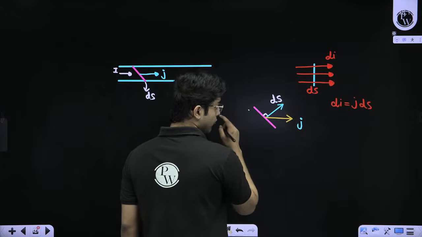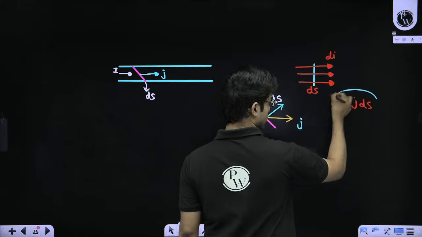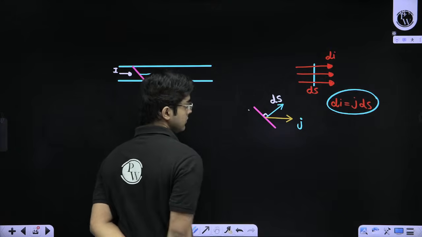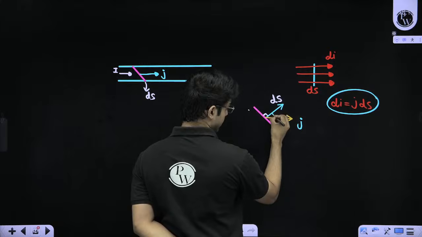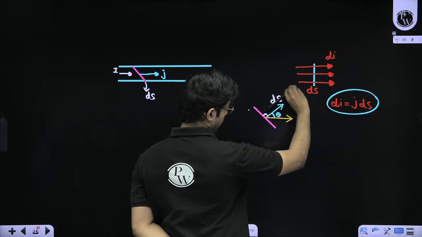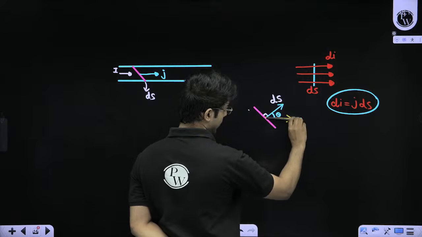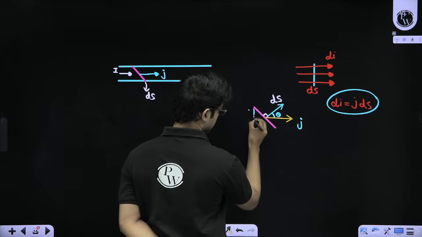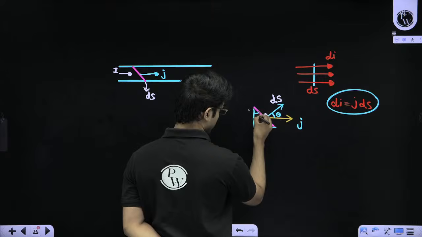In this case, we want to write a relation between current and current density. So let's take this angle as theta. If this normal is making theta with the x-axis, then the area will make theta with the y-axis. This angle will also be theta.